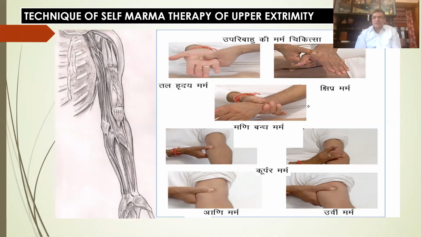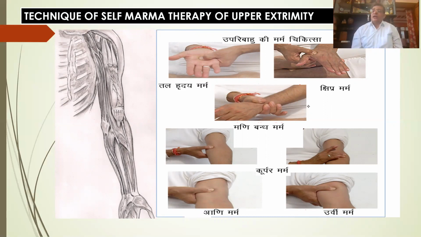Marma science and Marma therapy has two aspects: one aspect is for prevention, and another aspect is for treatment. I already explained that if you are a healthy person, you start from the stimulation of the Marma points of the head, and after that you must stimulate the Marma points of the upper extremity.